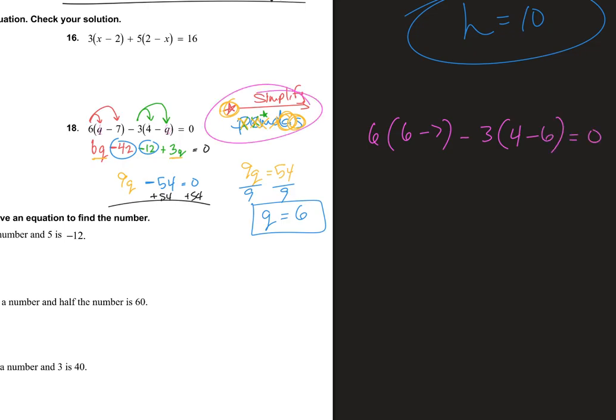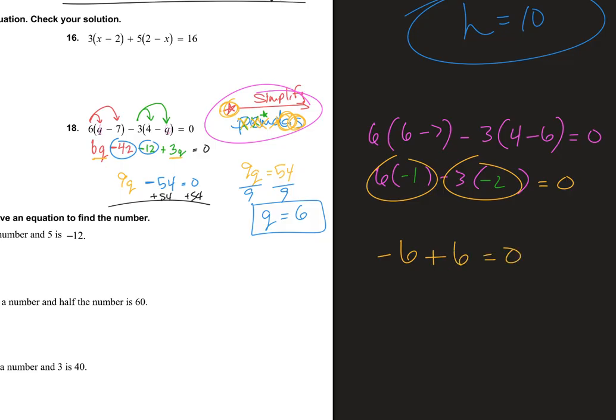According to PEMDAS, I'm going to do the parentheses first. So I get 6 times negative 1 minus 3 times negative 2, and that still equals 0. 6 times negative 1 is negative 6. Negative 3 times negative 2 is plus 6. Does 0 equal 0? It sure does.